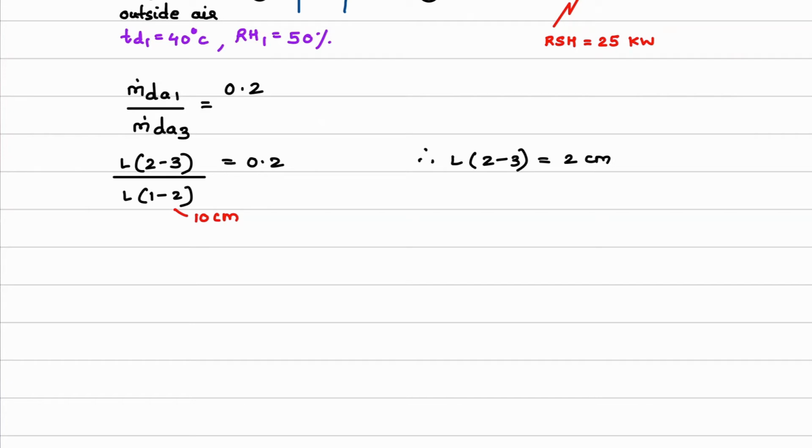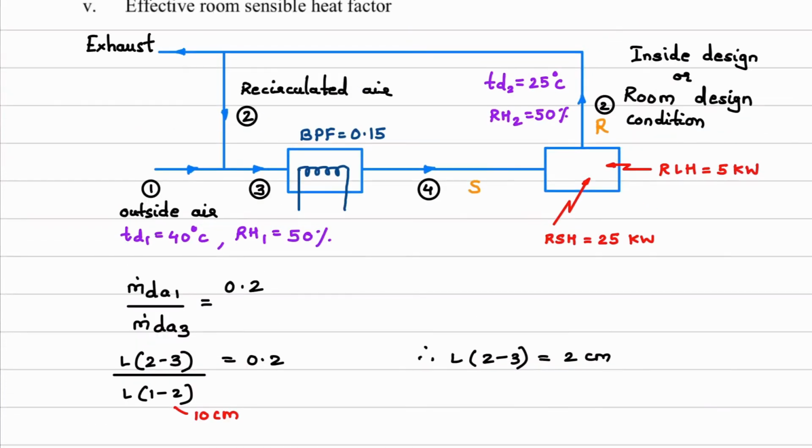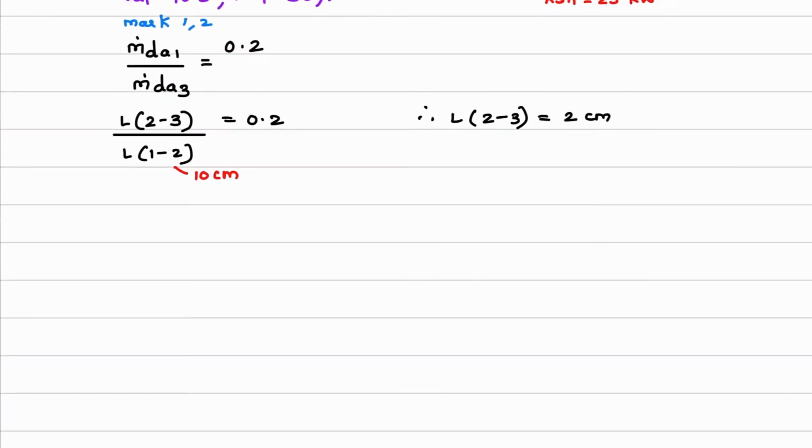Now I have to mark point number 3. I'll write down the steps as well. First we marked 1 and 2. Then after getting the length 2 to 3, we have to mark point 3.